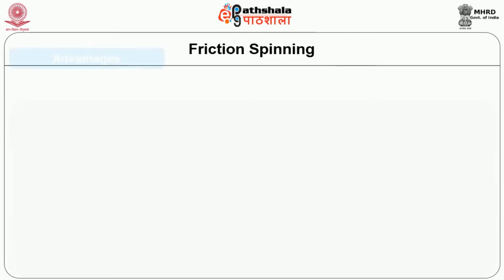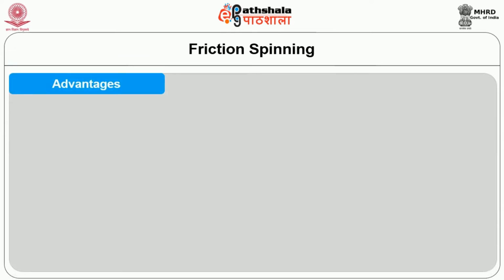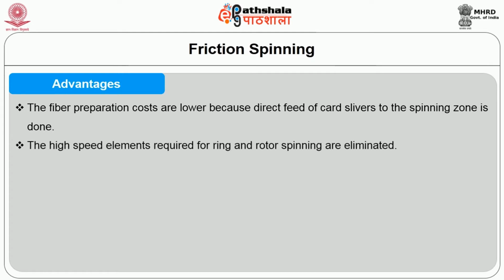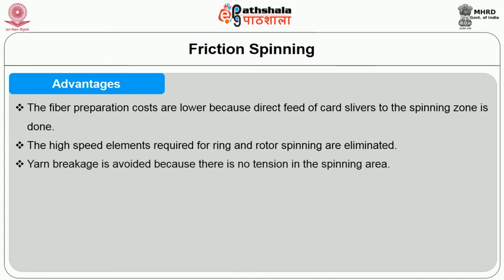There are certain advantages to the DREF system. The fiber preparation costs are lower because direct feed of card slivers to the spinning zone is done. The high speed elements required for ring and rotor spinning are eliminated. Yarn breakage is avoided because there is no tension in the spinning area.